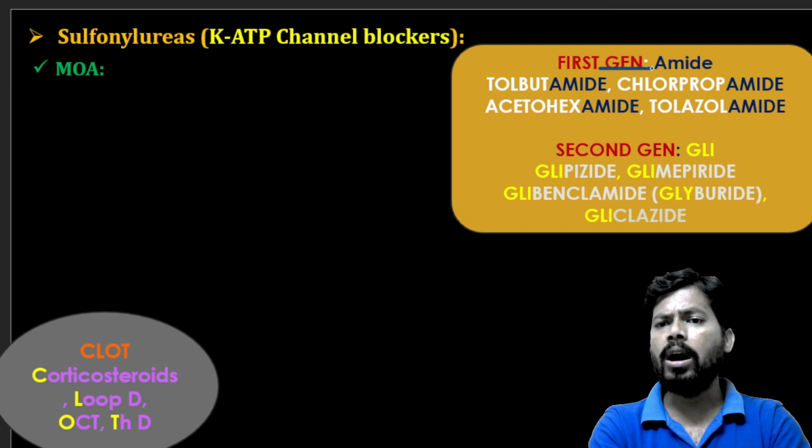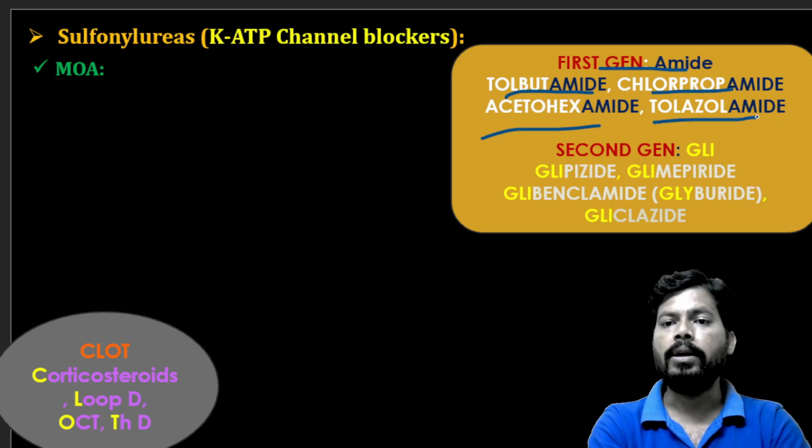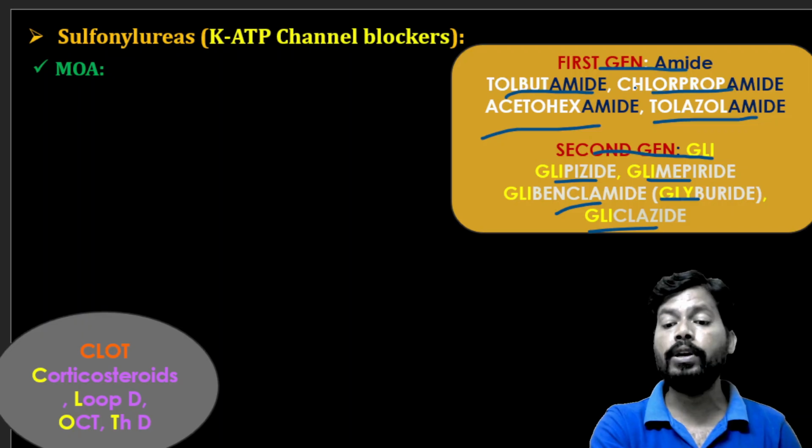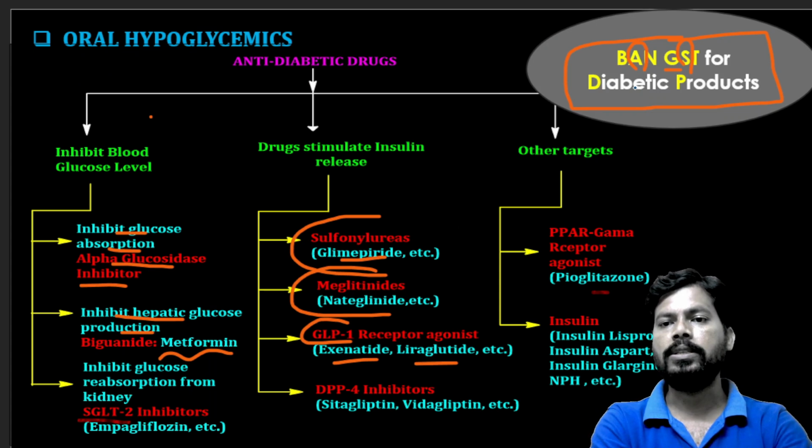First generation are all amides, like tolbutamide, chlorpropamide, acetohexamide, tolazamide. And second generation are the GLI drugs, like glipizide, glimepiride, glibenclamide, also known as glyburide, and gliclazide. These are the two generations of sulfonylureas specific for treatment of type 2 diabetes.